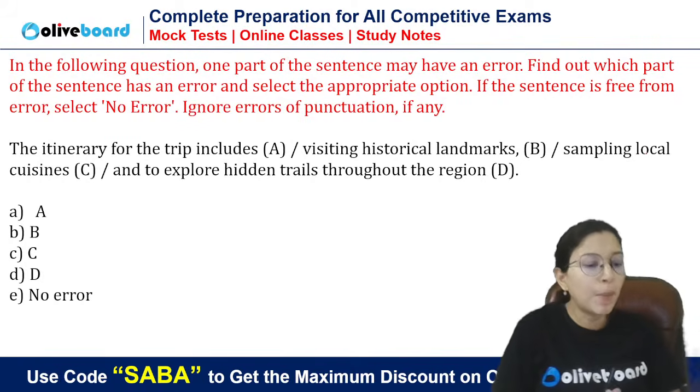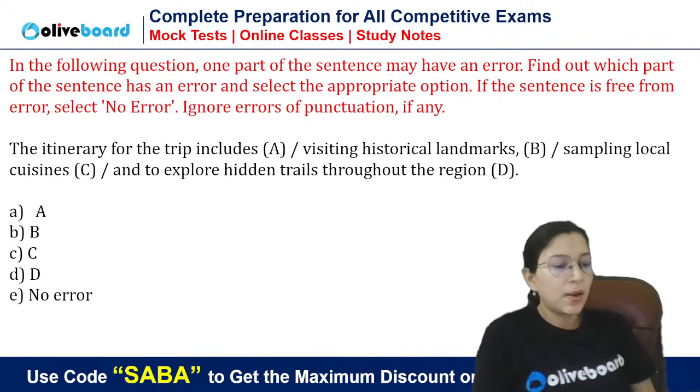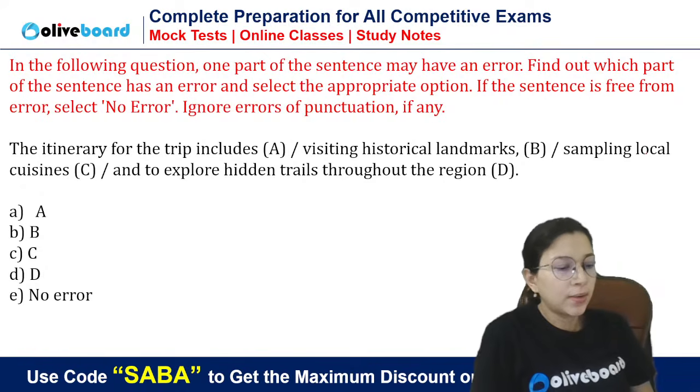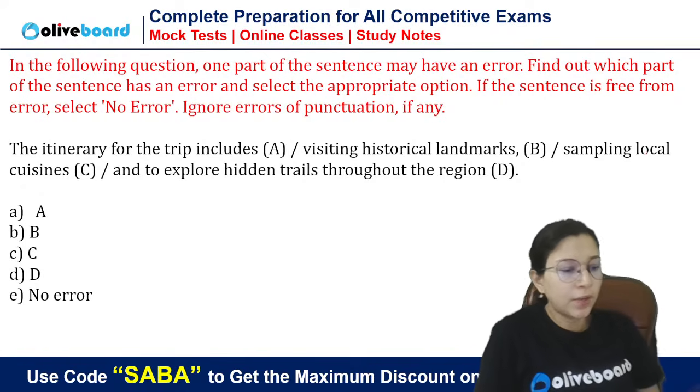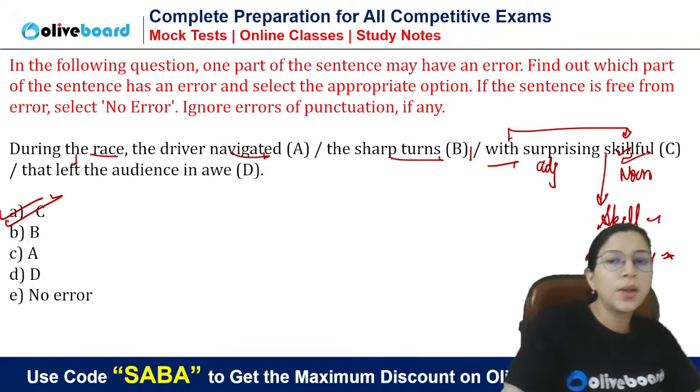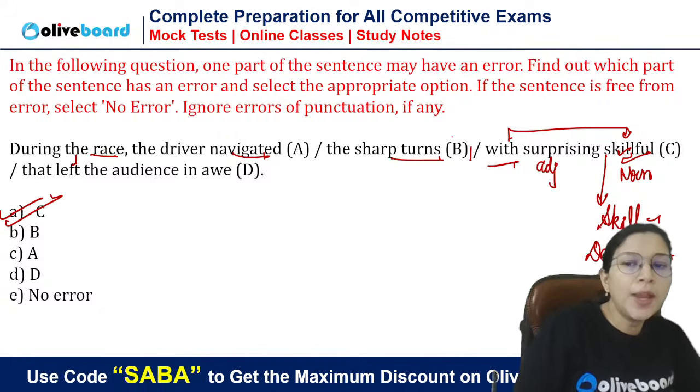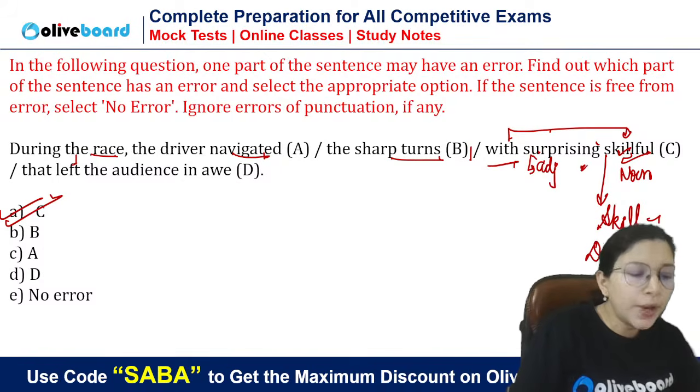Look at these things: if there is a preposition then a noun will come, if there is an article then a noun will come. Adept is an adjective. In this question, see, we need a noun. Surprising in itself is an adjective, so when it is already an adjective, we need a noun here.